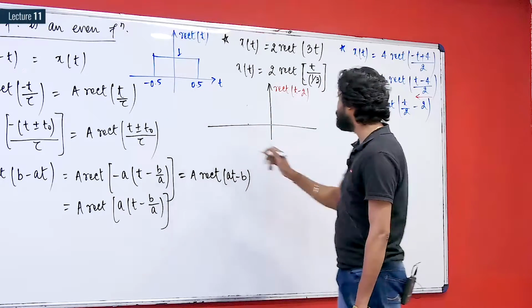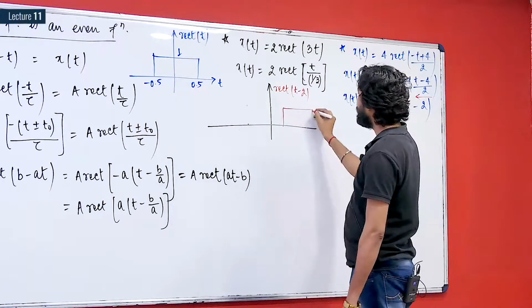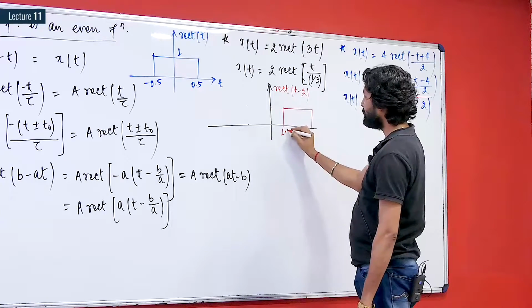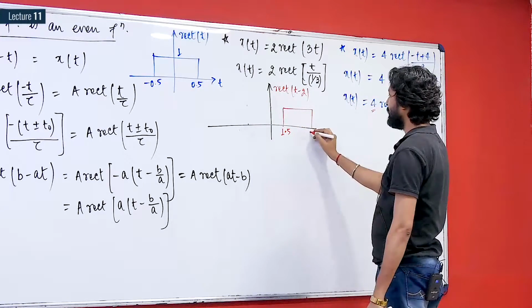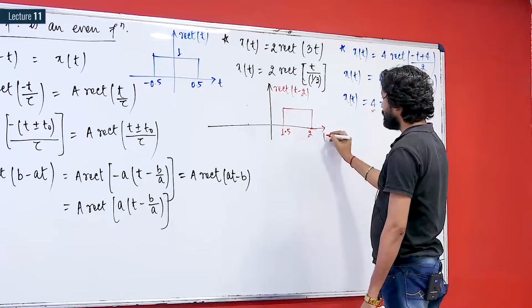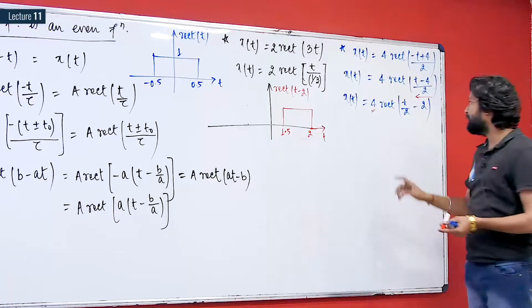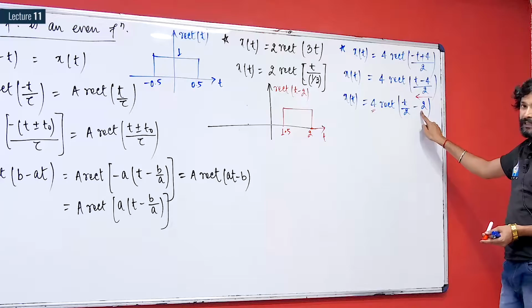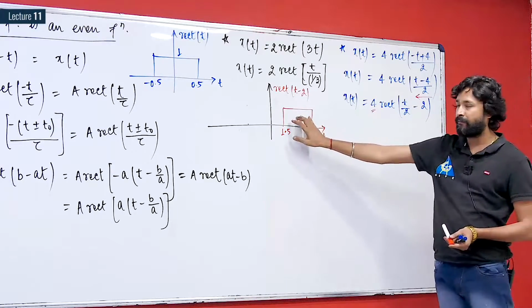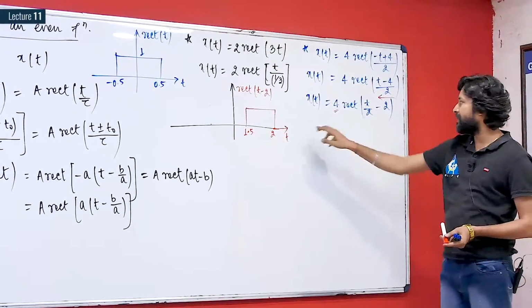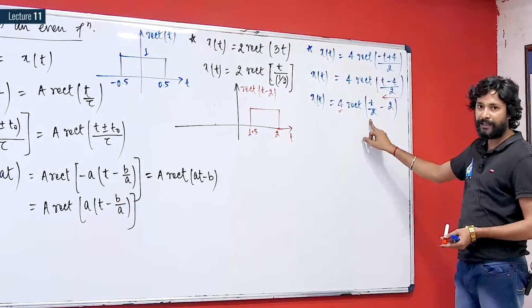So, this 0.5 point will be at 1.5 and this 0.5 will be at 2.5. So, with respect to 2, you have performed the first time shifting operation on the unit rectangular function and you have obtained this function. Now, you have to scale this function by scaling factor alpha, which is 1 by 2.